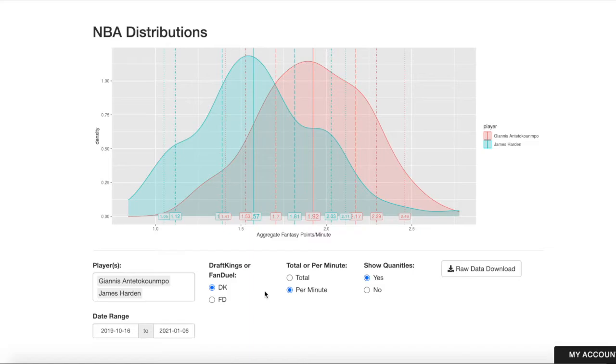We can also look at players' distributions on a per minute basis. For players in static or similar roles, perhaps not that useful, but there are instances where we might have a player who has historically been in some reserve or backup role thrust into the starting lineup.